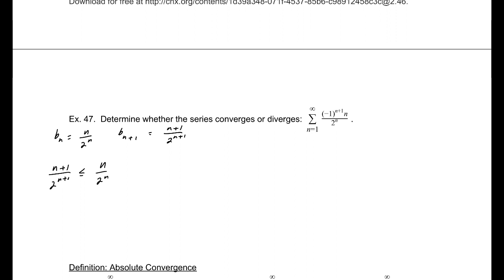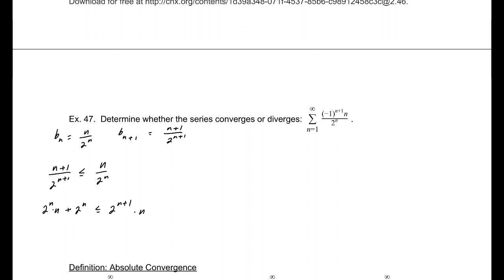That is true if and only if, multiplying across, 2^n times (n+1) is less than or equal to n times 2^(n+1). Because all these terms are positive, the n's are greater than or equal to 1, and 2 to any power is always positive, I can do this without worrying about the sign.